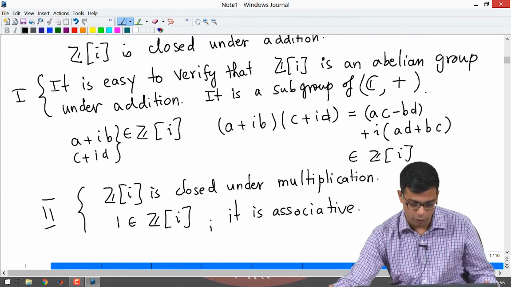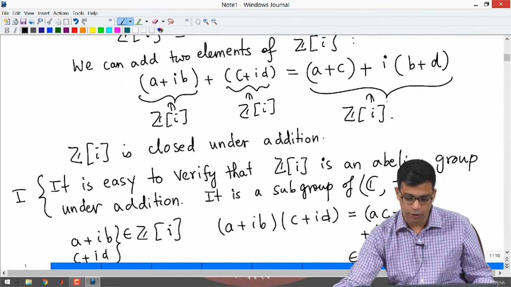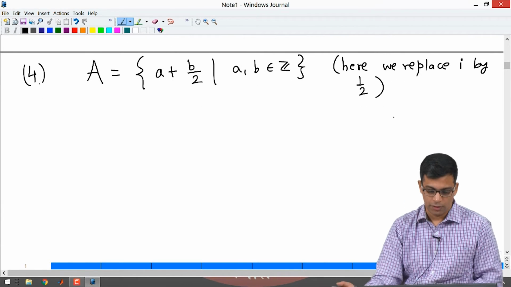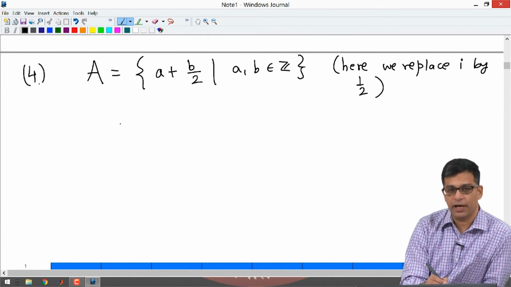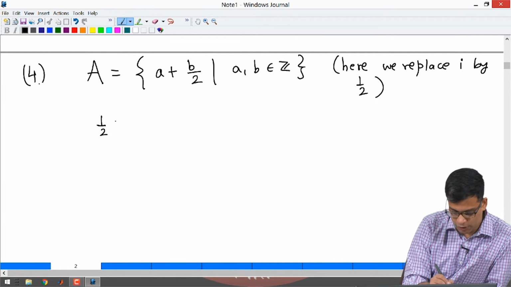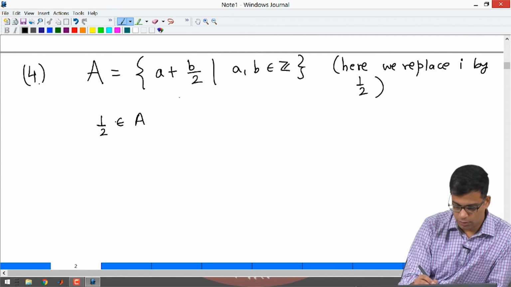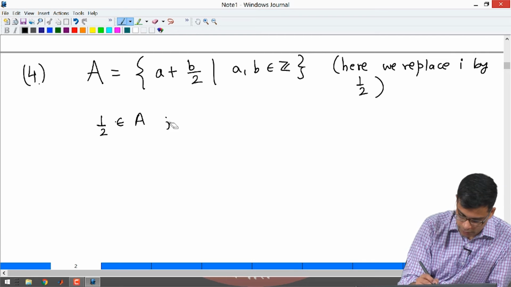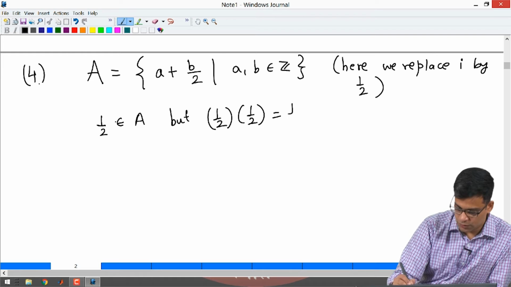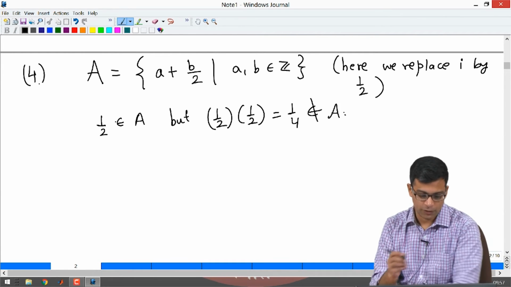Remember earlier we looked at a plus ib where a and b are integers. Here I am taking a plus b times 1 by 2 where a and b are integers. Okay. So, here if you multiply two things, for example 1 by 2 is in A, because that is 0 plus 1 times 1 by 2, but 1 by 2 times 1 by 2 which is 1 by 4 is not in A. One can check that 1 by 4 cannot be written as a plus b by 2 for some integers a and b.